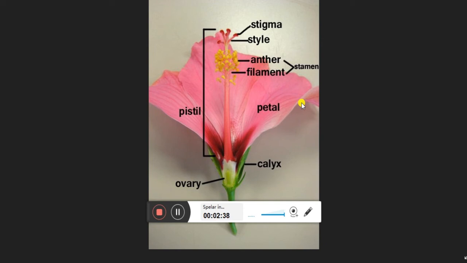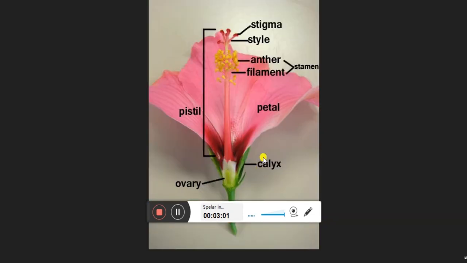Flowers have different colors because of the colorful petals, which are very attractive to insects and birds, and that is why they are involved in pollination.